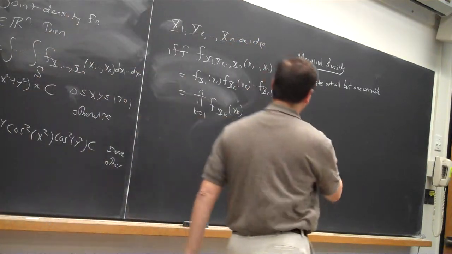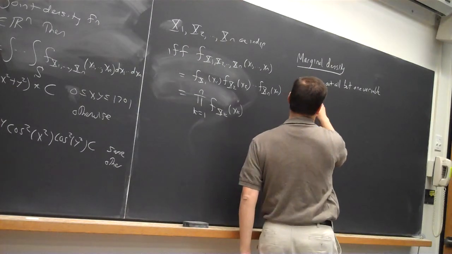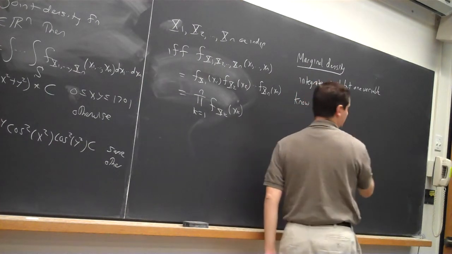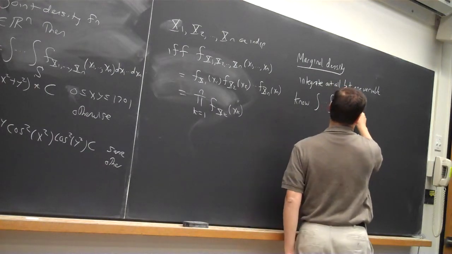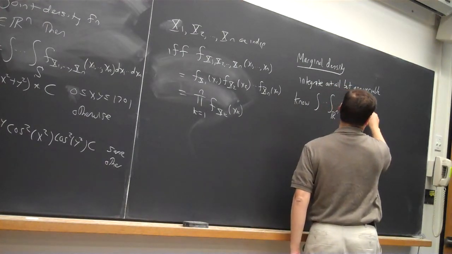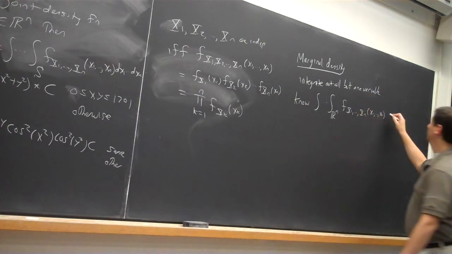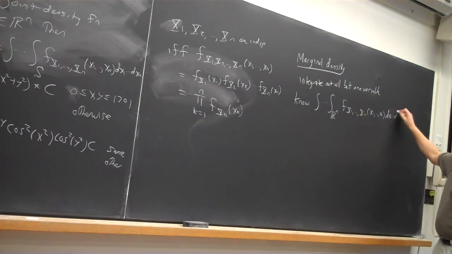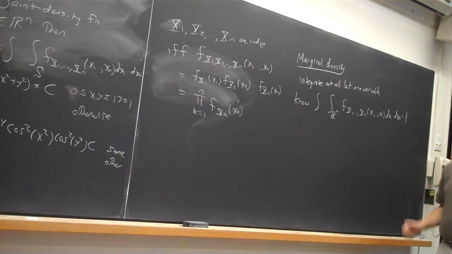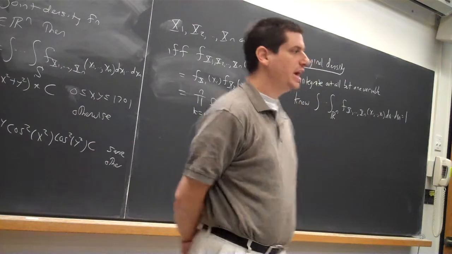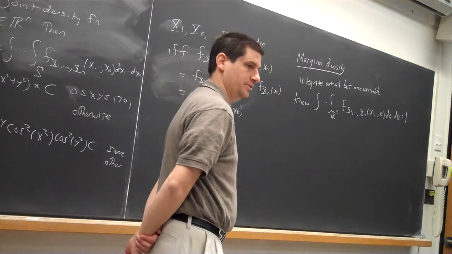The marginal density has to be a density itself. So we know the integral over the whole region R^n of f(x1,...,xn) dx1...dxn has to equal 1. So imagine now we integrate everything out but the ith component.